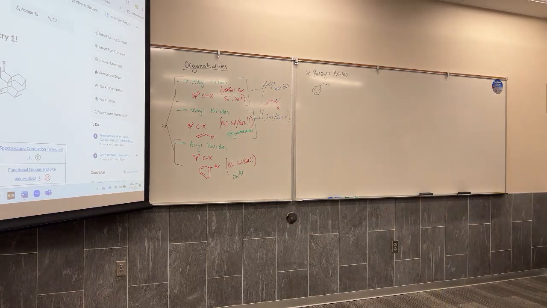Benzylic halides are similar to allylic halides, an sp3 carbon-halogen bond, but rather than being placed next to an alkene, benzylic halides are placed next to an aromatic ring, the benzene ring.